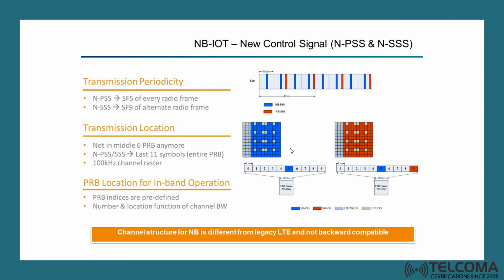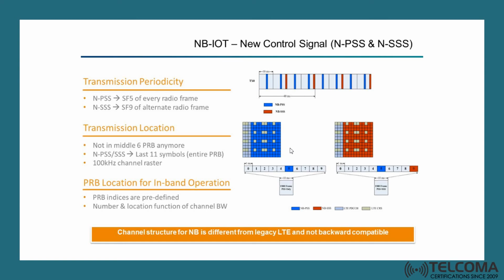Since the raster offset is not a multiple of 180, it couldn't read there as well. So this indirectly gives us a hint that during in-band, standalone or guard-band deployment, this NB-IoT PRB cannot lie anywhere. It should lie at frequencies such that it is a multiple of the raster offset.